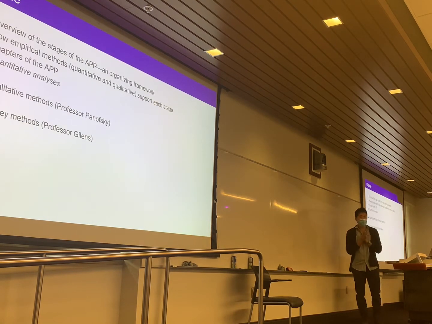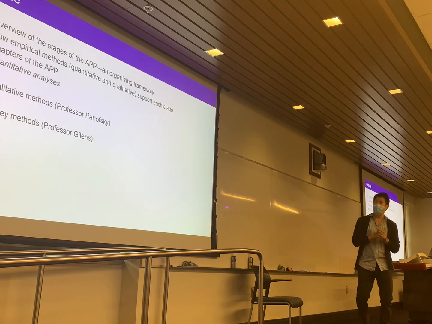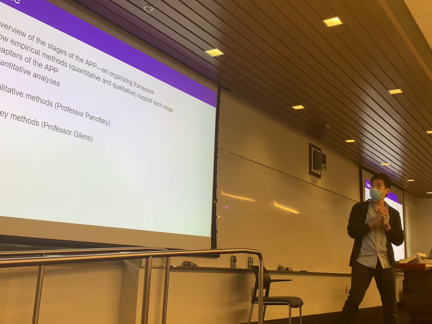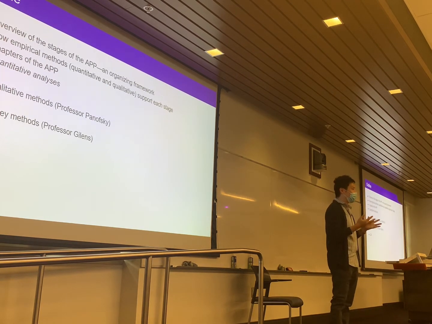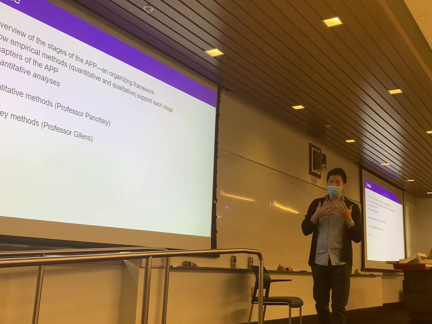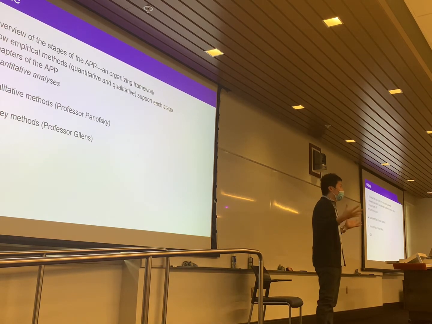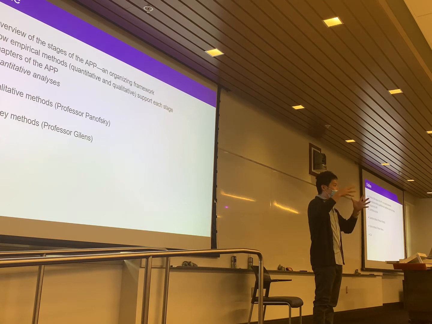Okay, so an outline of today: we're going to give you an overview of the different stages of the APP, and by stages, it's not so much the timeline, but more the content. We hope that provides an organizing framework for how you think about the different chunks of the analysis of the APP.